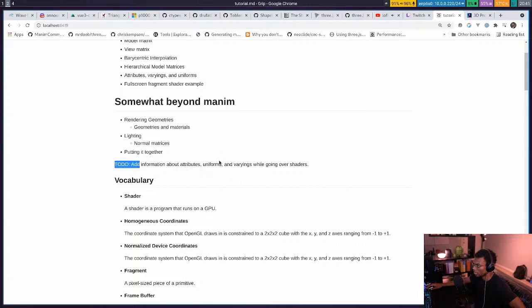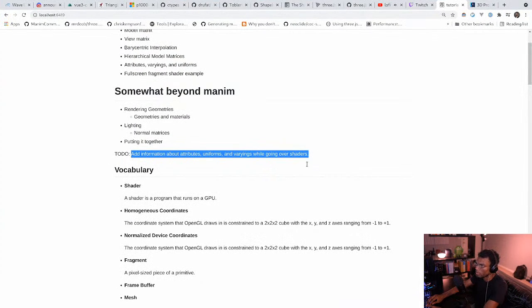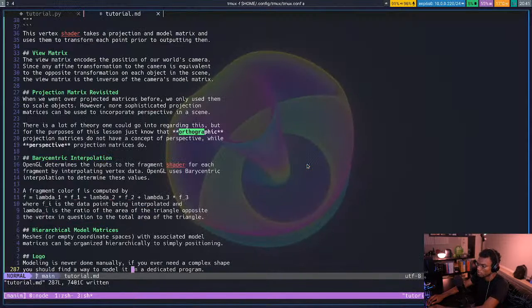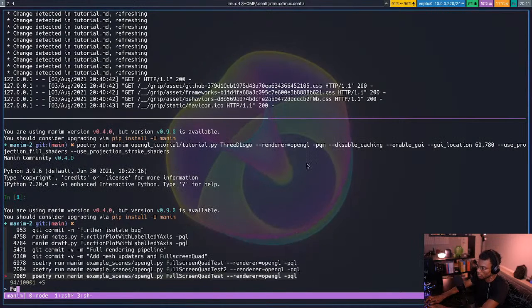Oh yeah, and not only this, but I have to have an example with just working more with shaders. So probably something with a full screen quad, which there's already one written.